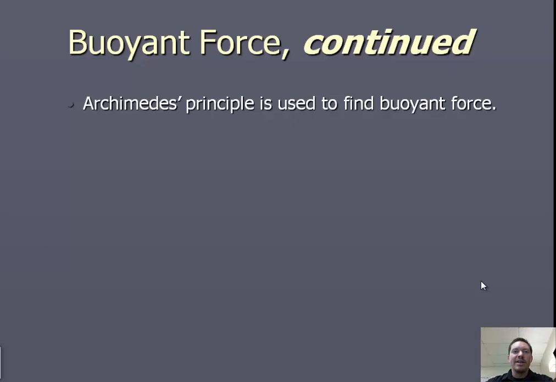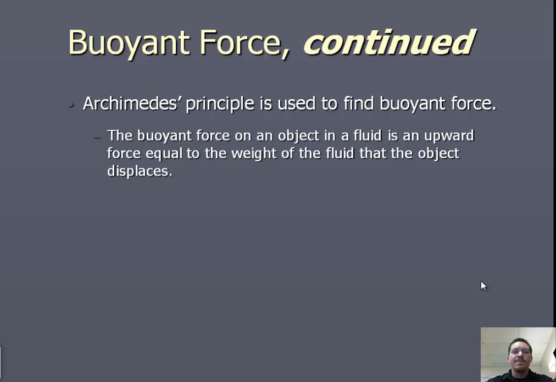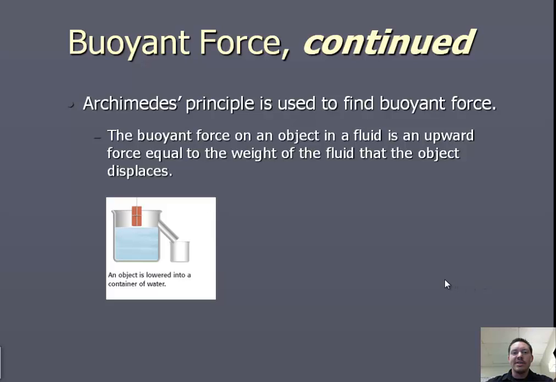Archimedes came up with a principle that we use to find buoyant force. The buoyant force on an object in a fluid is the upward force equal to the weight of the fluid that the object displaces. So if we've got this container that has a little spout on the side, we fill the water level up just below that spout so that no water is escaping.